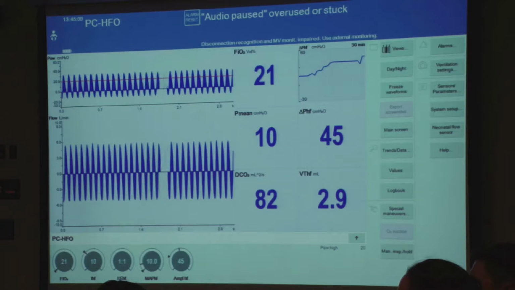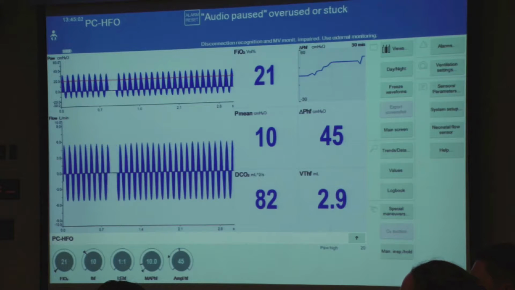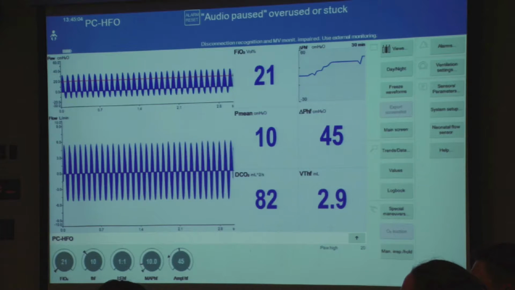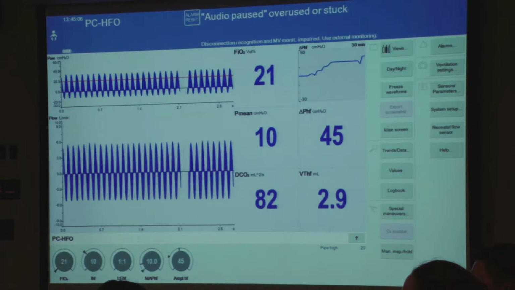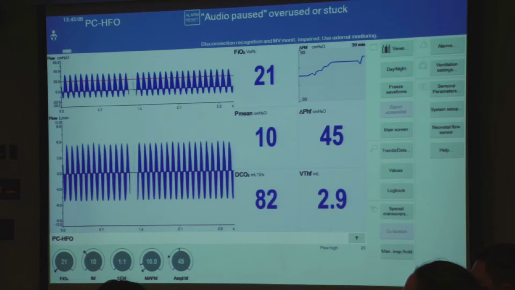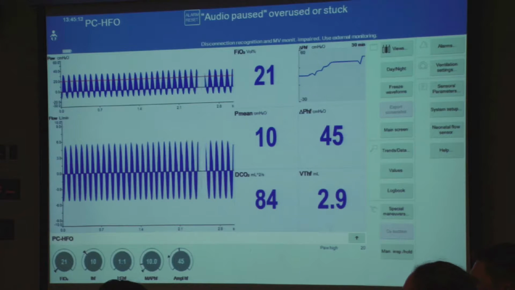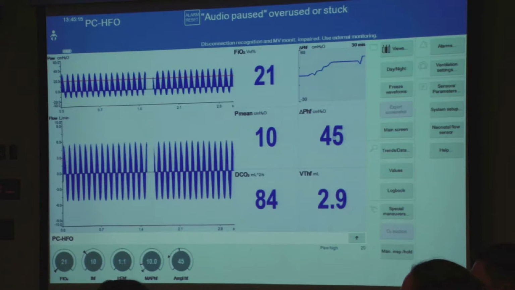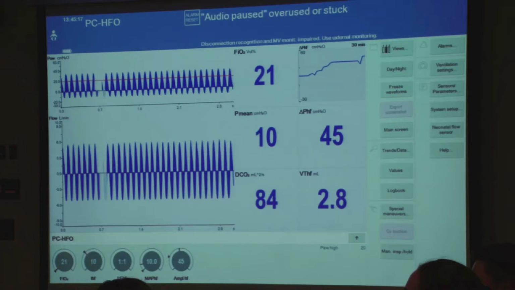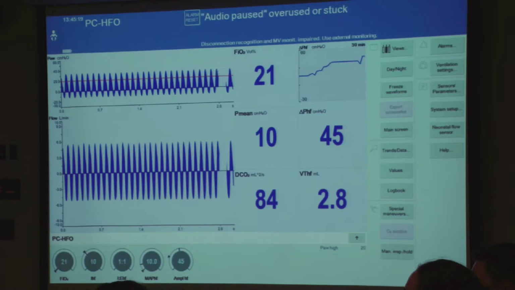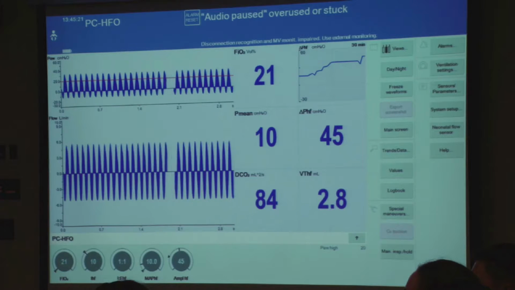I think this is Draeger, right? It's a different type because it's not colored, just plain white on the inspiratory and expiratory, but it's almost the same. We reserve this for bigger babies where we need more power, because obviously this attenuates part of the oscillation.